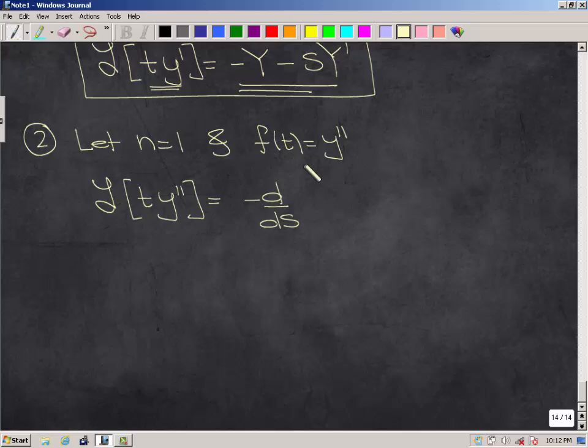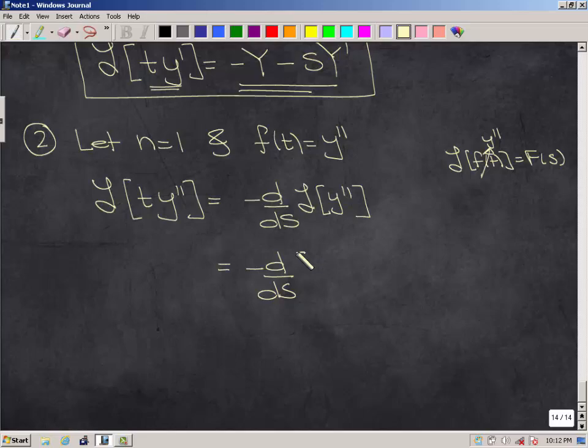Well, if I think about it, the Laplace transform of f of t is equal to big F, notation wise. But what is f of t in our case? It's y double prime. So big F is just the Laplace transform of y double prime. But we do know the Laplace transform of y double prime. What is it? It is s squared times big Y minus s times y of 0 minus y prime of 0.